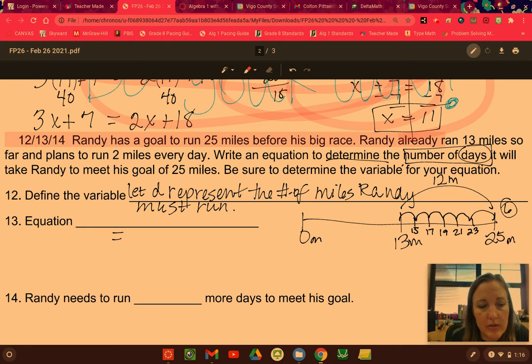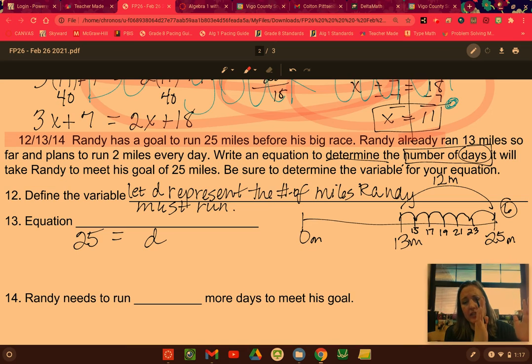Now, an equation, as we said before, has an equal sign. It has a variable. D, right? I could put it on the left side or the right side. Doesn't make any difference. So what I like to do is I know in an equation, the expression or value on the left must be equivalent to the value on the right. So with these kinds of questions, I like to look for the big picture here. What did I start with? Well, I know Randy's goal, right, is 25 miles.